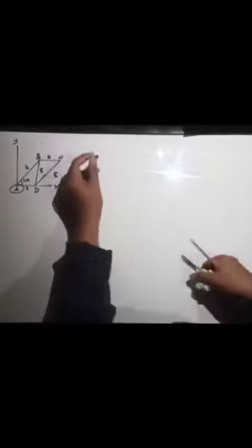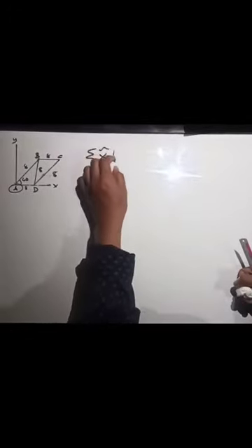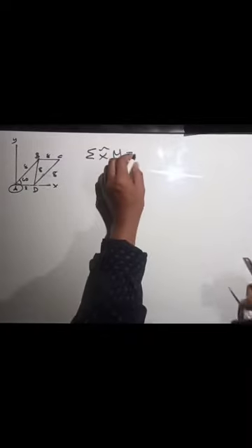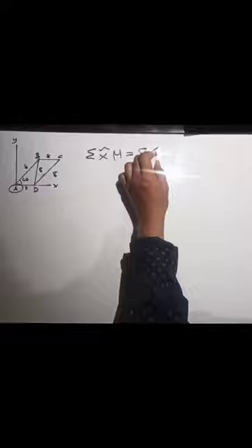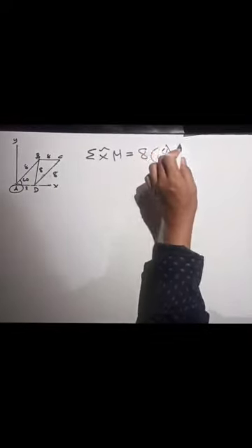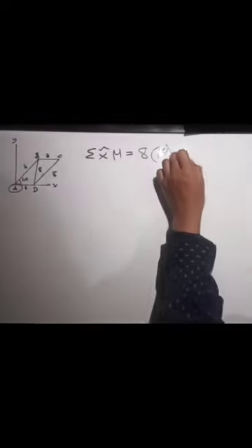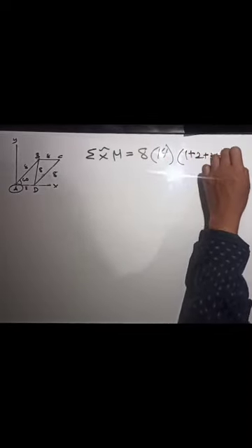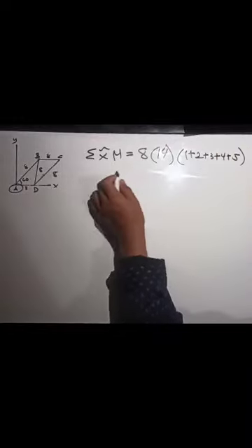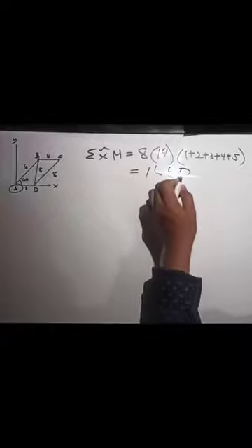So we should summation of x curly m is equal to the length 8 times the mass, which is 14, times, since there are 5, 1, 2, 3, 4 plus 5 is equal to 1,680.